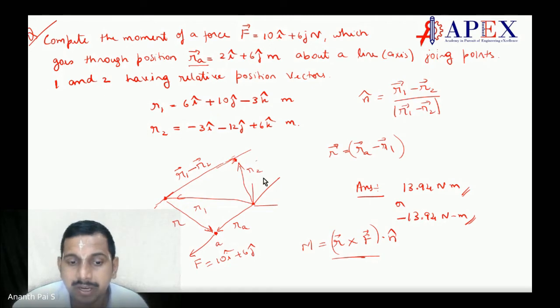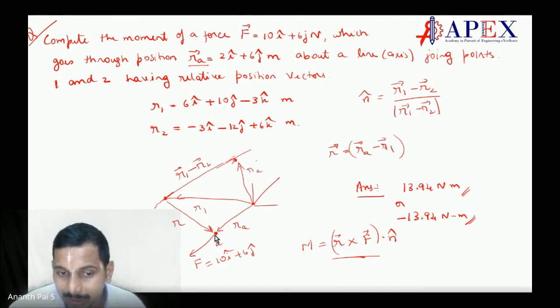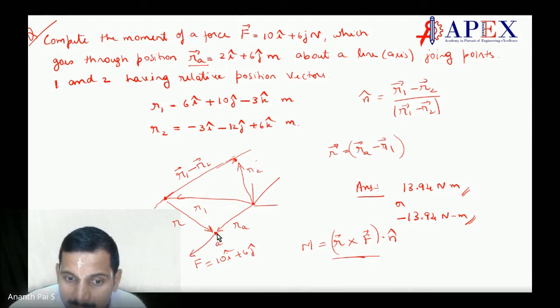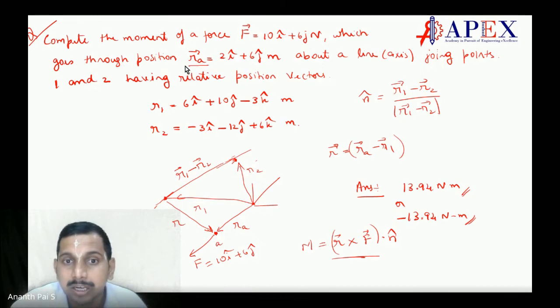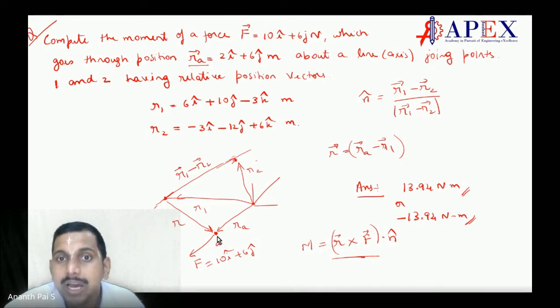Now next we have to fix what r is. If I want to find r, I have to go from the point where the force is acting, which is point A, at position 2i plus 6j. So with respect to that position, I have to take r cross f, and with respect to a point on the axis. A point on the axis can be r1 or r2.